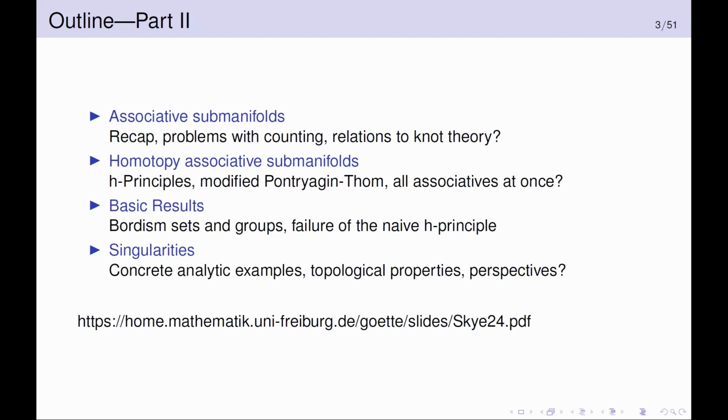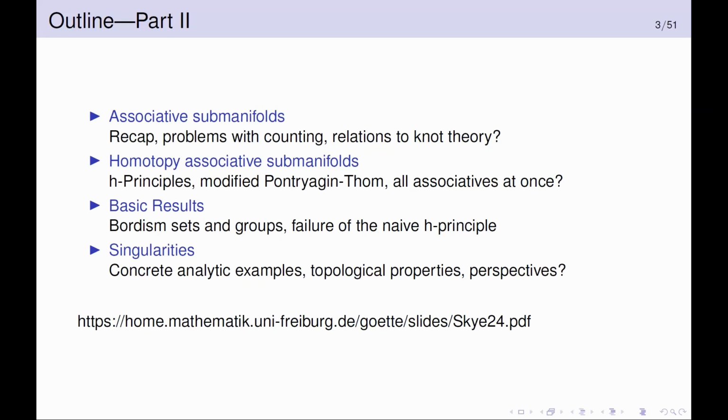People hope that's possible in G2 manifolds, and we'll see some problems and some possible ways of tackling them. And I want to introduce you to a topological approach where we don't know yet whether it will be fruitful or not, but at least the basics are kind of understood by now.